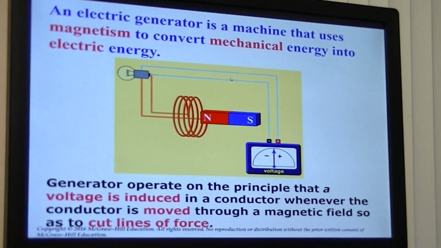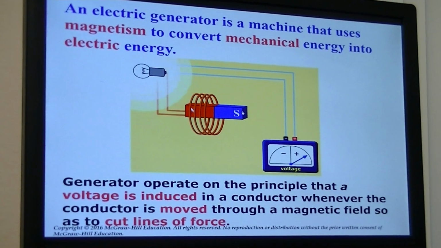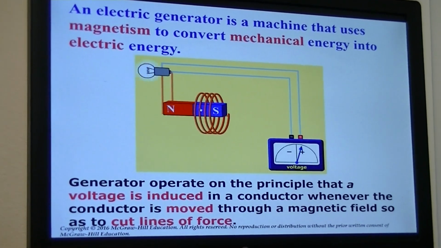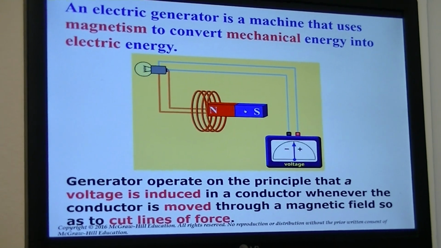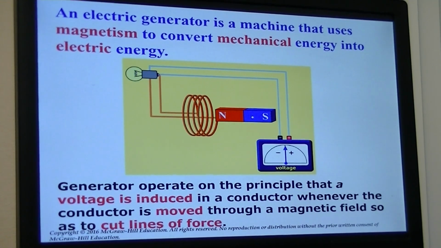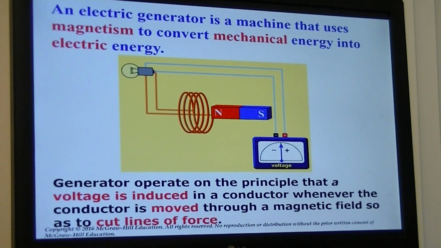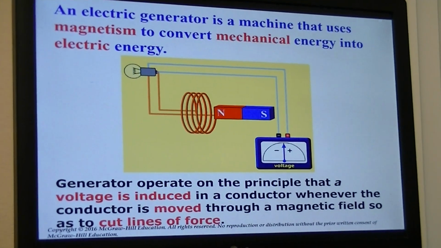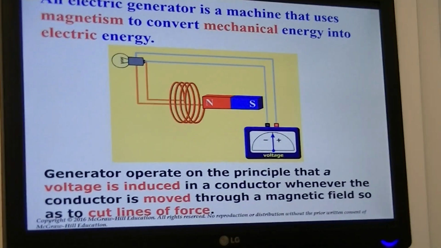And in a generator, you can see now we have a magnet that's passing through some coils, and you can notice by the voltmeter that as it's passing through the coils, it's cutting lines of flux. The coils are cutting lines of flux and therefore generating power that's being seen on the voltmeter.